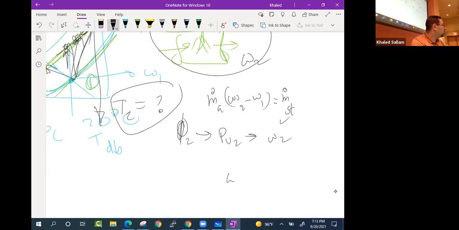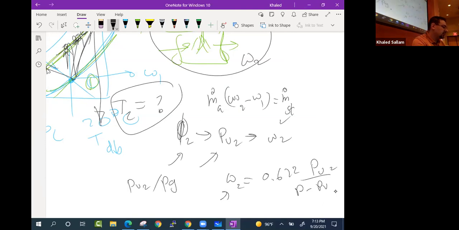Does anyone remember? Omega was what? 0.622 P vapor over P air minus P vapor, right? So if I know W2, I'll be able to calculate P vapor 2. And how are P vapor 2 and phi2 related? Well, Pv2 over P gas 2 is phi2.